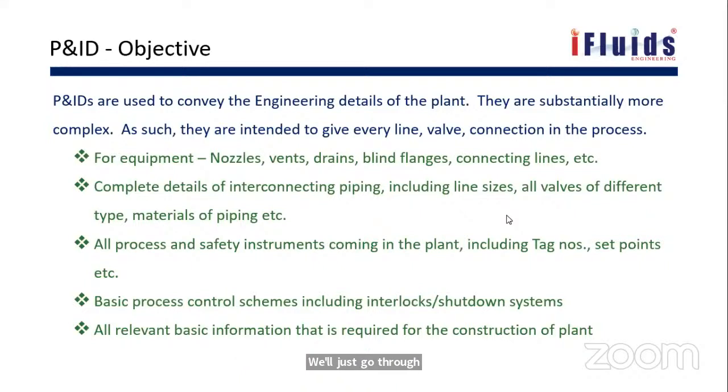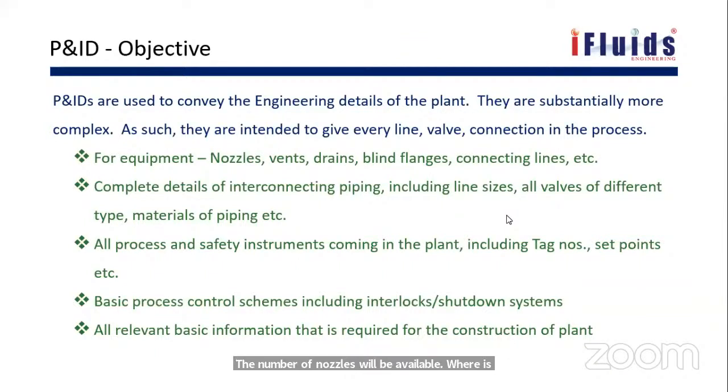It is nothing but engineering details of the plant. They have each and every line, valve, cooling lines, drain lines, vent lines, isolation valves, equipment isolation valves, number of equipment. So everything will be given in P&IDs. For example, for equipment, the number of nozzles will be available.